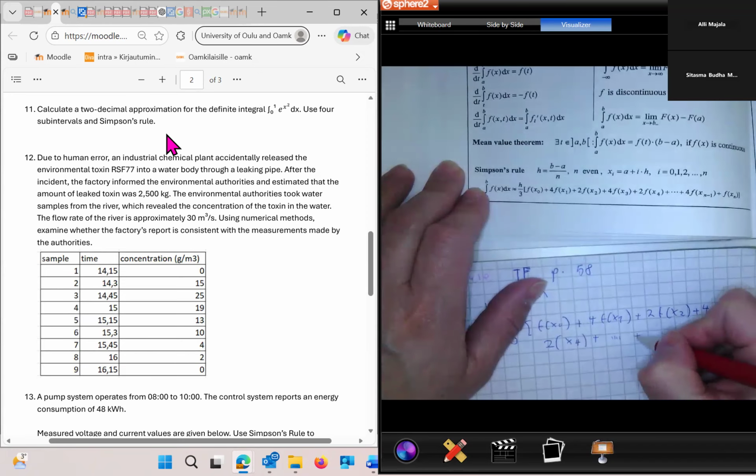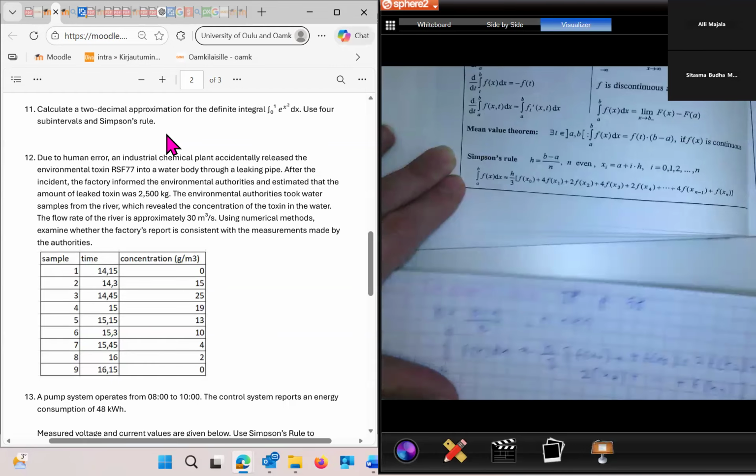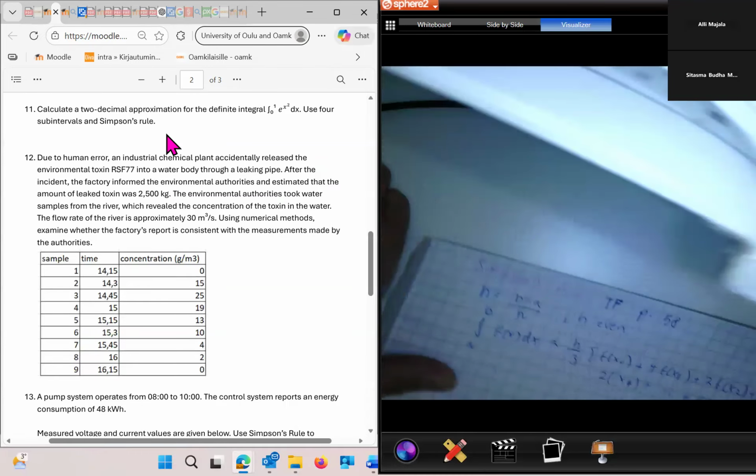And then I have to add the last. Okay. That was the Simpson's formula.